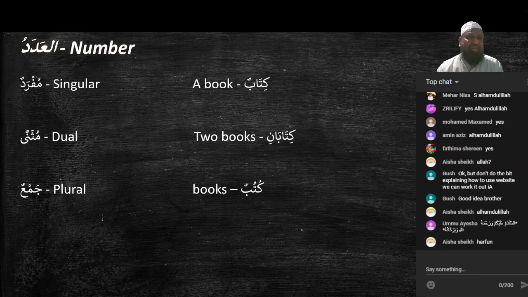So in English, we just have the singular and plural. In English, we don't have dual. In English, we just need to add the number two before the thing we say. But in Arabic, especially for dual, it has another word for it. So in Arabic, we have three types of number.